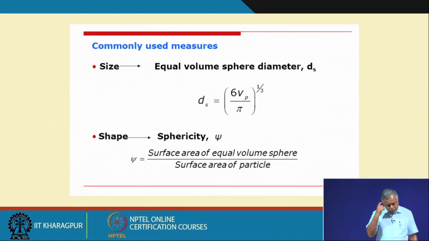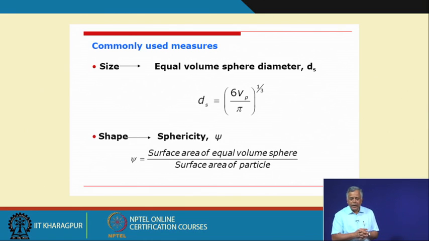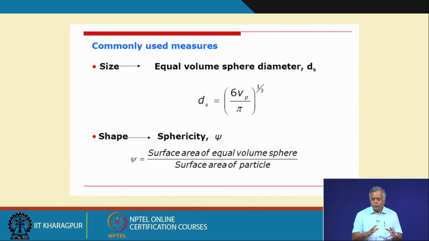That is, you take the irregularly shaped particle and you displace a fluid. Normally, we do it with water if the particle is sufficiently large, and see how much fluid has been displaced.